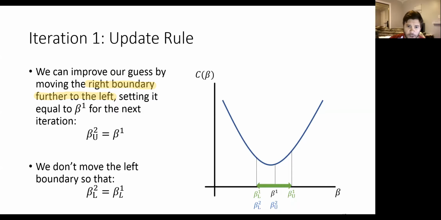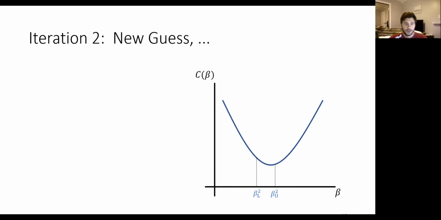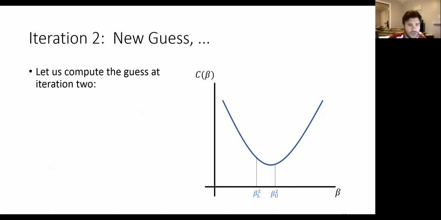In iteration 1, here was our search interval defined by the length of that green double arrow, and we've now compressed that further. So every single iteration, our upper and lower bounds compress around the optimum, and we get a slightly improved guess by bisecting that region. So let's compute the guess now at iteration 2.